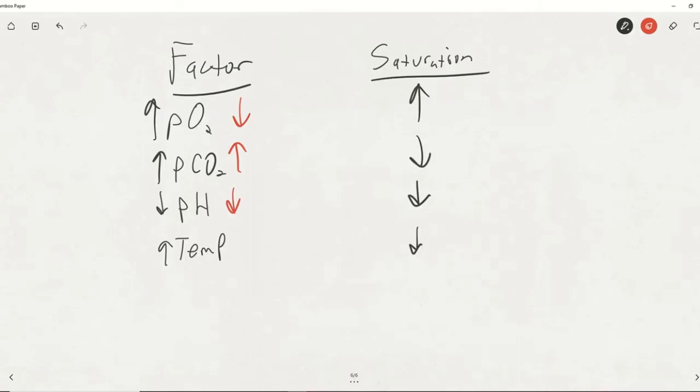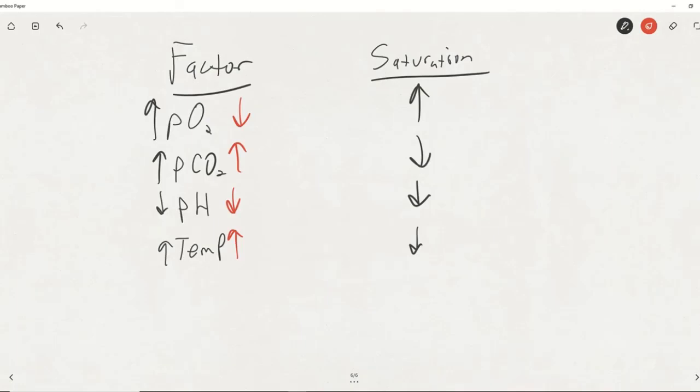And if you've ever felt your muscles after a workout, what do they feel like? They feel very warm. So the temperature in that leg muscle would be elevated. In muscle that's being very metabolically active, the PO2 is low, the PCO2 is high, the pH is low, and the temperature is high.